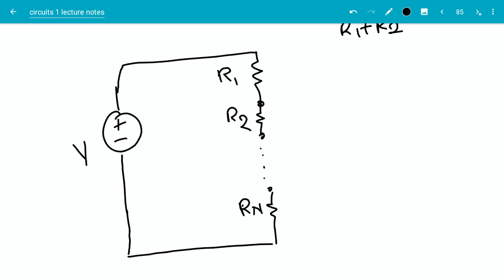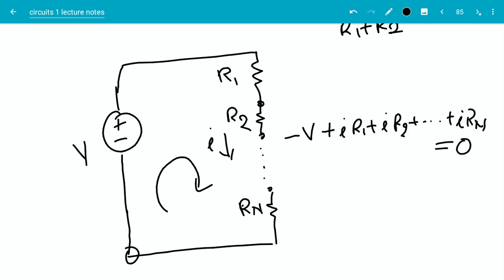So in this circuit, let me apply my KVL again, assuming current I going from top to bottom through the resistors. Then if I apply KVL, I will proceed similarly to the above example, and I get this equation here.